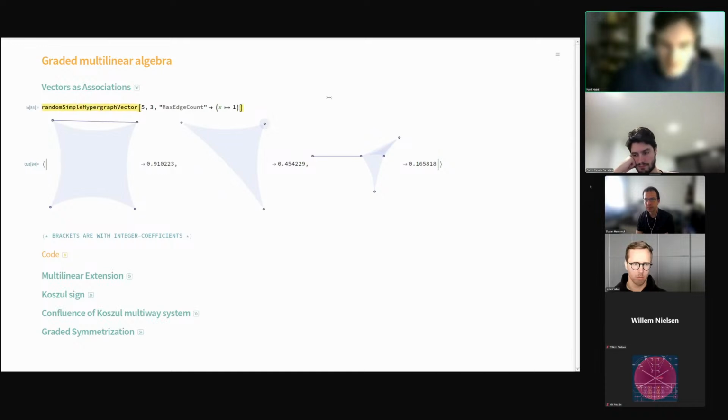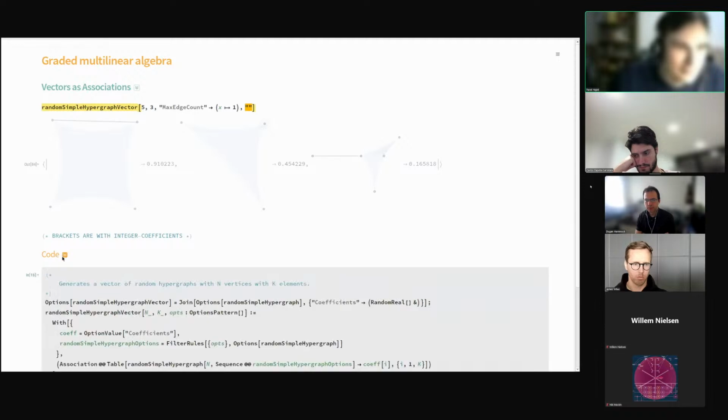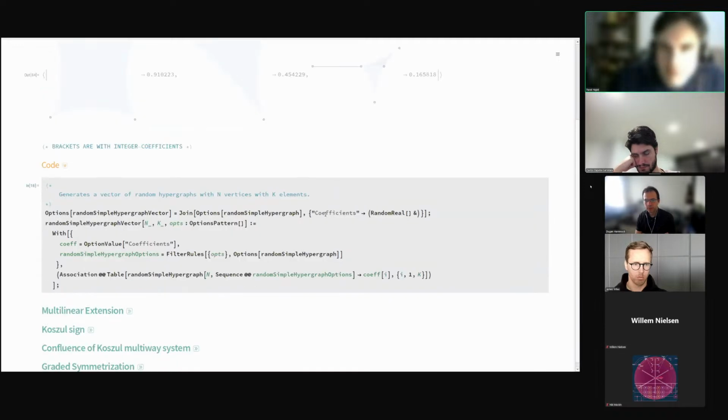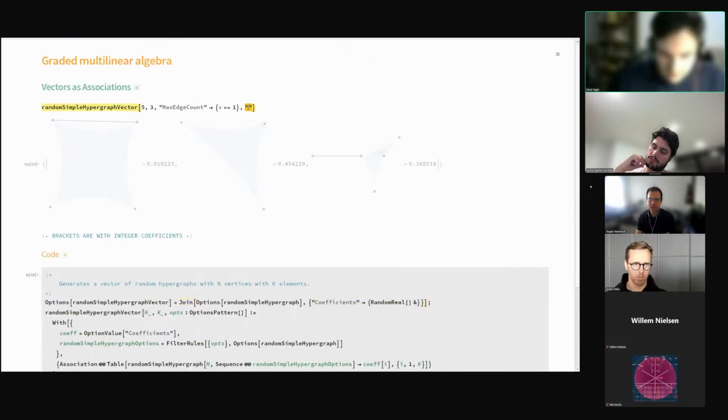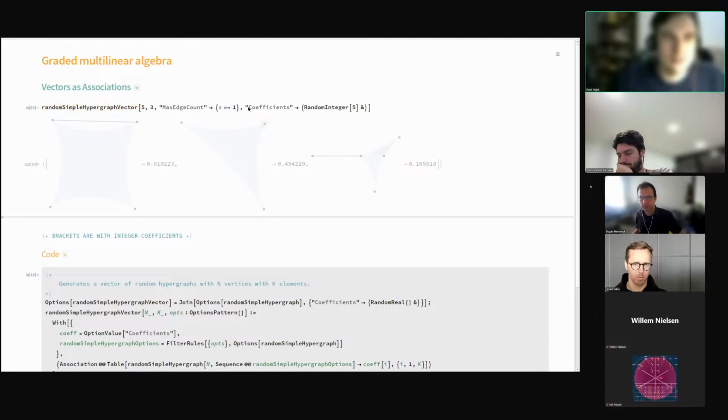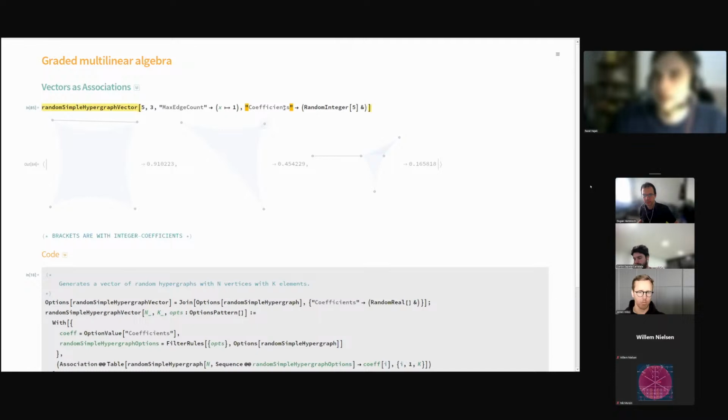I can also define here. I need to check how I implemented this random simple hypergraph. The coefficients are now set to random real, so I can also define the function coefficients as, let's say, random integer, random integer 5, and it should give random integers. Is it doing something?